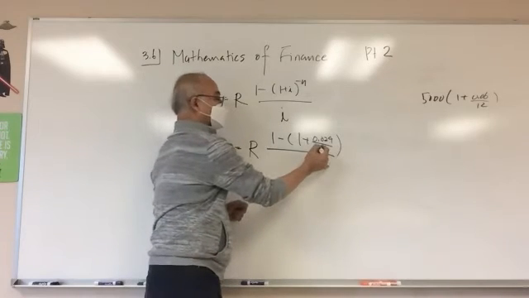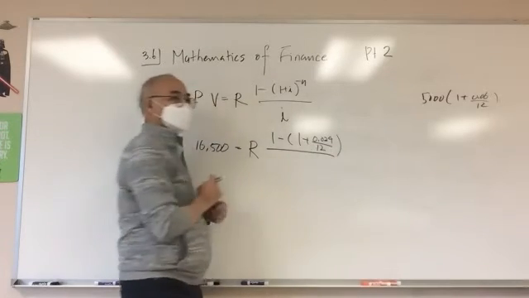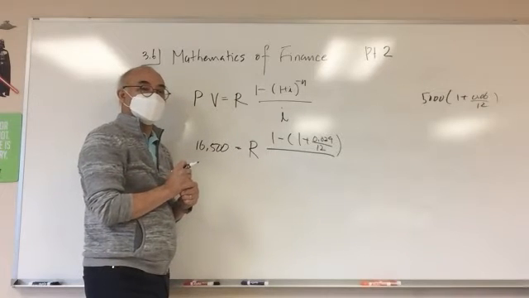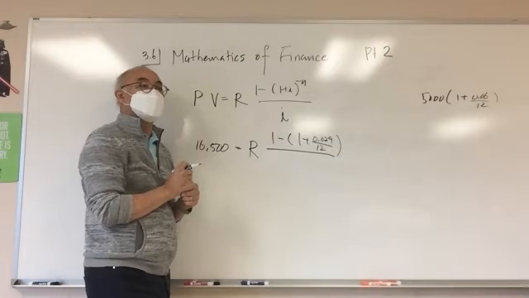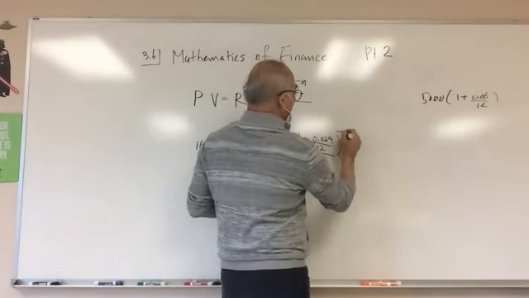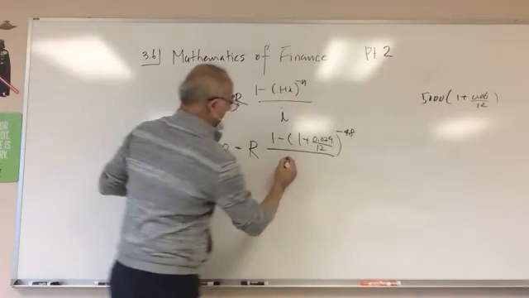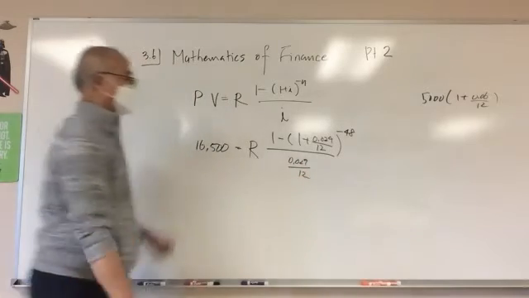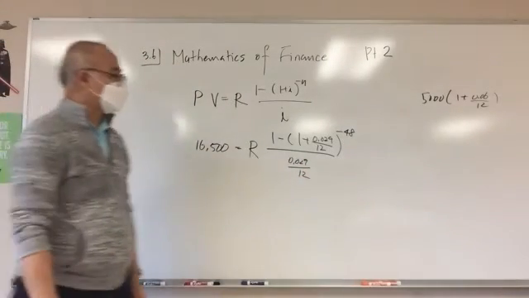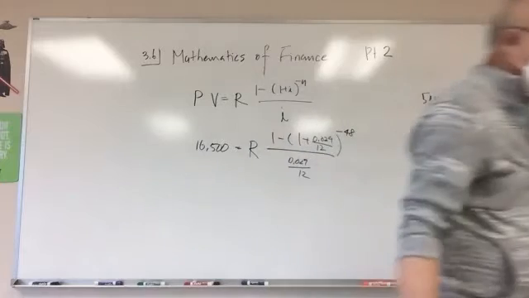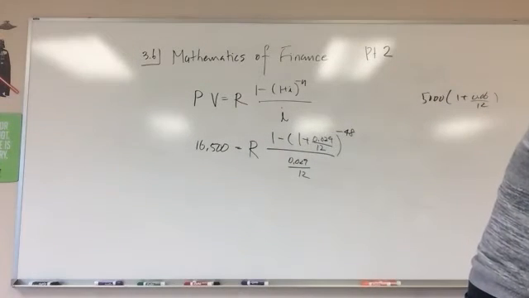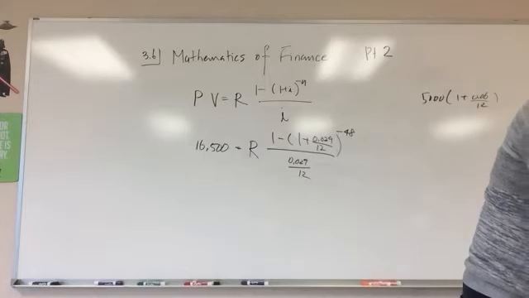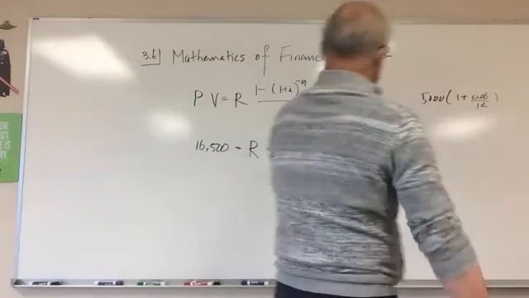Monthly, so I have to divide this by 12. And how many times am I compounding it then? 48, right? So it's going to be negative 48, 0.029 over 12. Okay, so that's how you would solve that. And if you do that, you're going to get $364.